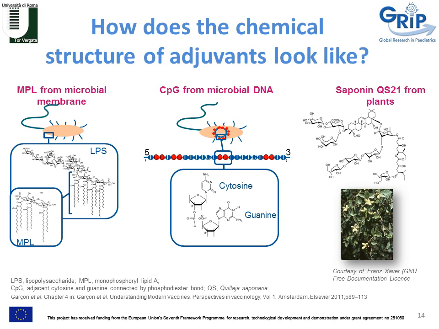Slide number 14 gives you an insight into the molecular structure of novel adjuvanting systems. As you can easily see from the left to the middle to the right, these adjuvanting systems are, just like the vaccine antigens, biological substances because they are isolated from living organisms, from microbial membranes.